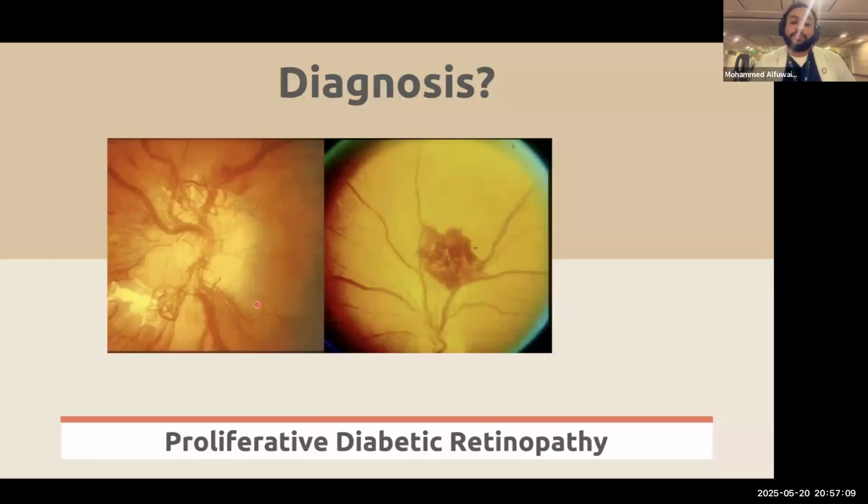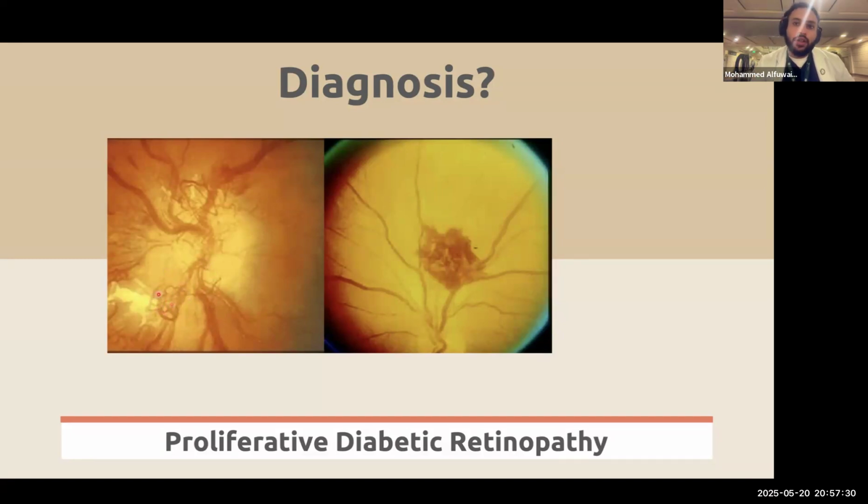This will come in your exam. Most likely to differentiate the two, best on fundoscopy, or they'll ask you to diagnose. Simple. A diabetic patient, any known case with its complications. What I want you to remember is over here, you can see this neovascularization.